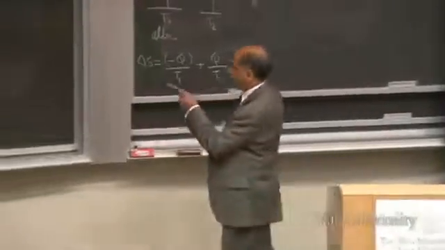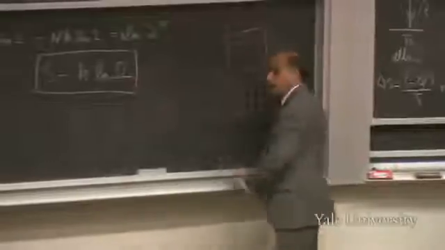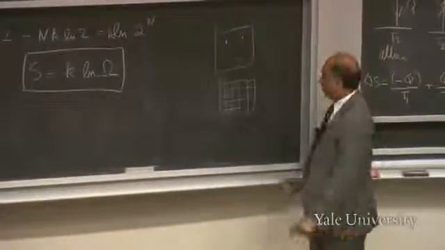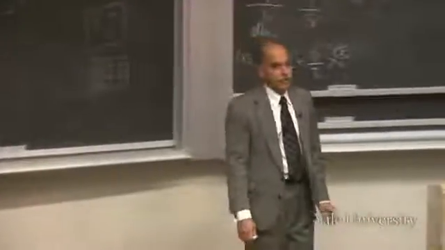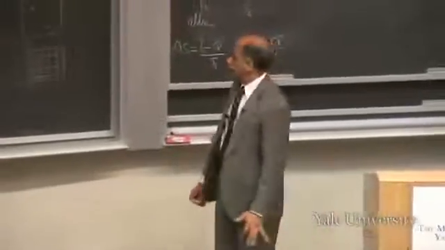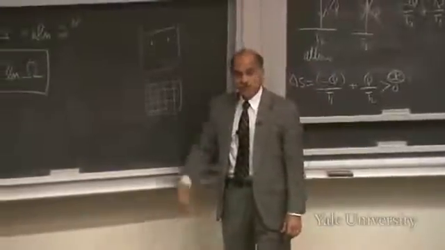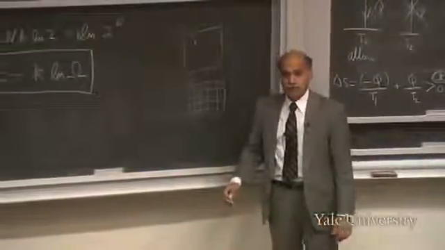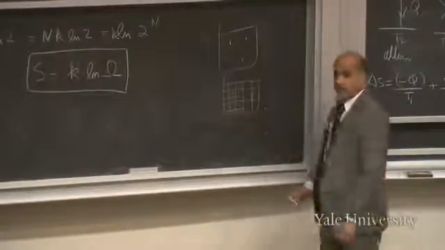Omega is the number of different microscopic arrangements that agree with what is seen macroscopically. When I say microscopic arrangements, I really mean the following. Give every molecule a name, A, B, C, D, whatever. Then put A here and B here, C here and D there. That's one arrangement.